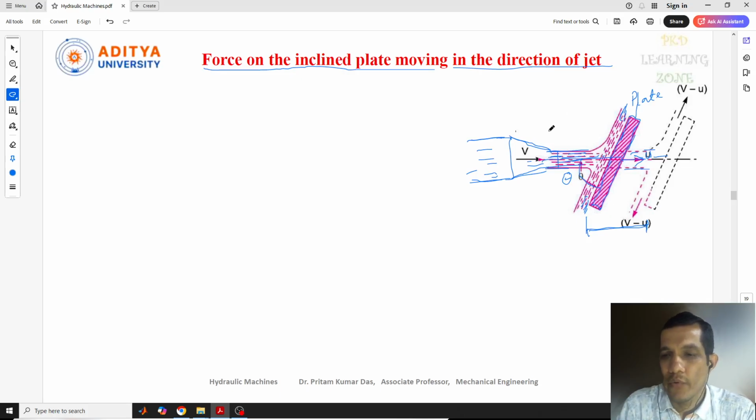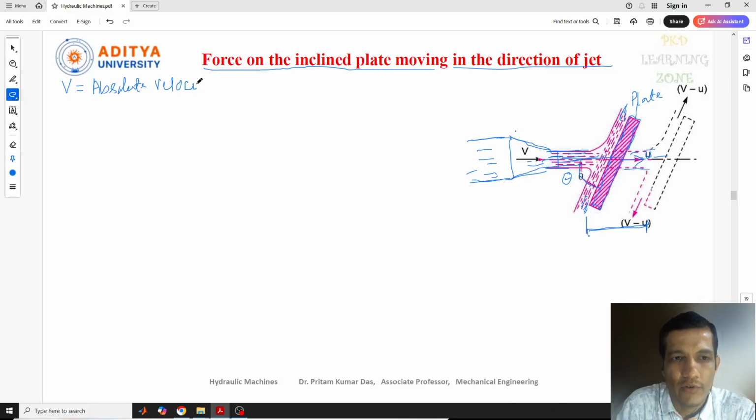Before going to the derivation part, let's see what parameters need to be considered here. First one is V, which is the absolute velocity of the jet of water.